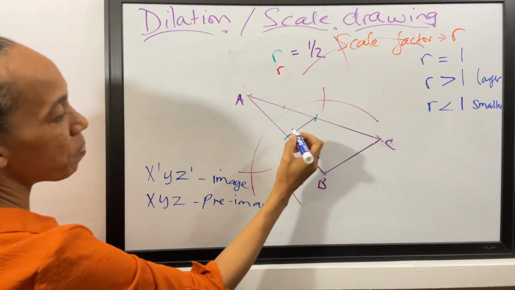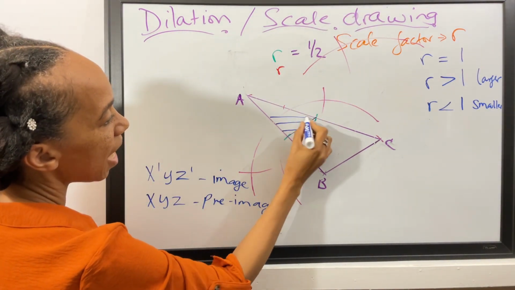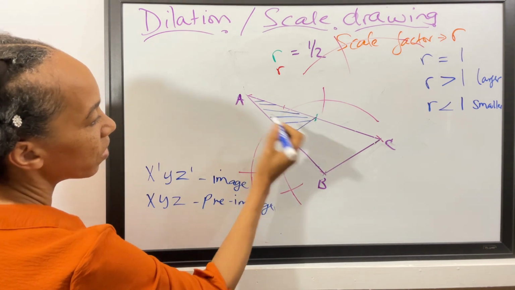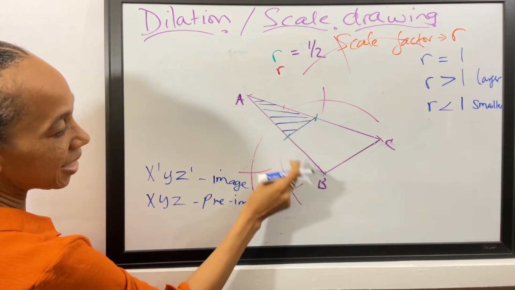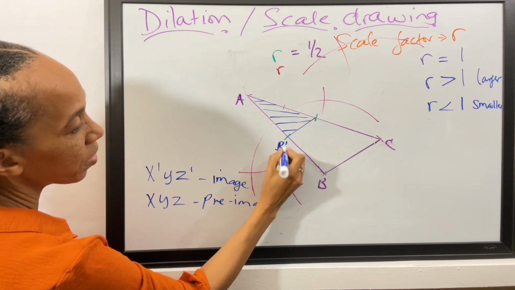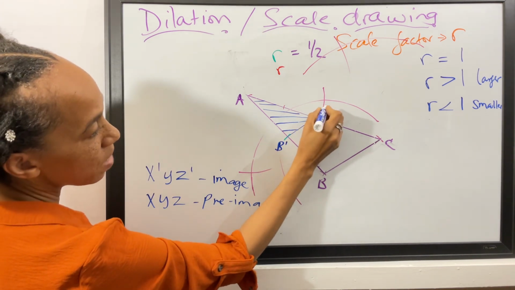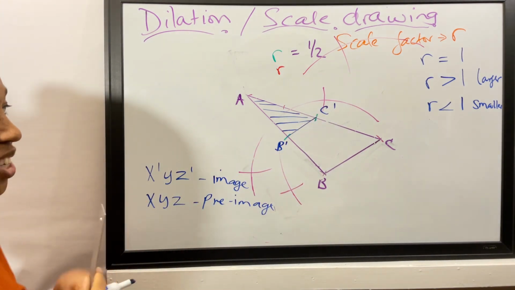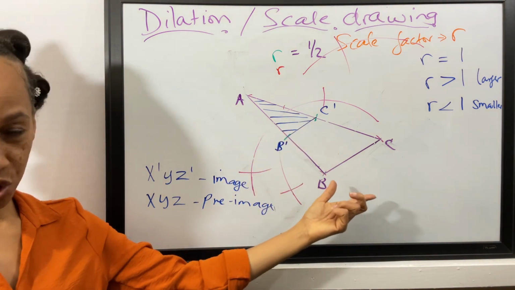Once I connect both midpoints, I can shape this out. Okay, I will now label this as B prime and this as C prime. And that's your half of your triangle.